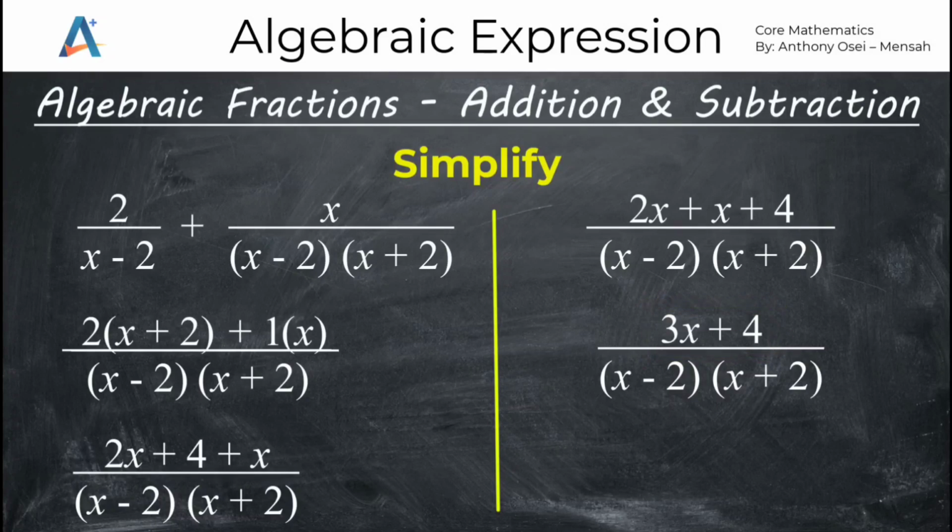And we also cannot factorize because there is no common factor. The denominator is in the form of a difference of two squares, so we can rewrite it as x squared minus 4. So let's make it 3x plus 4 all over x squared minus 4.